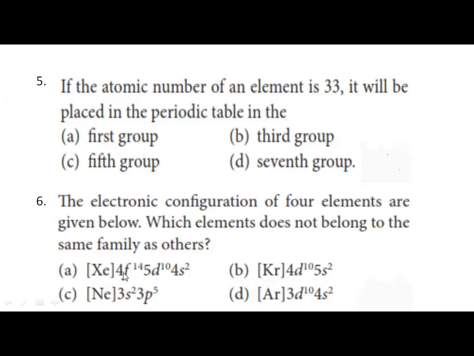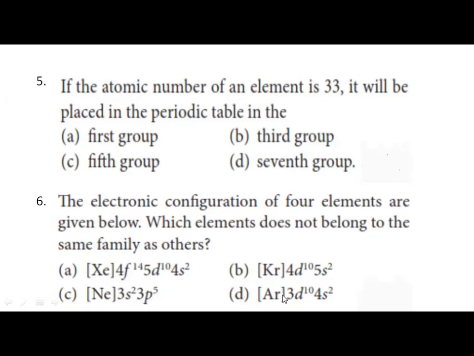Observe option A: xenon 4f14, 5d10, 6s2. The outermost configuration has ns2. Next, krypton 4d10 5s2. The outermost shell has 5s2, so s2 is there. Here, neon 3s2 3p5, so ns2 np5 is there.